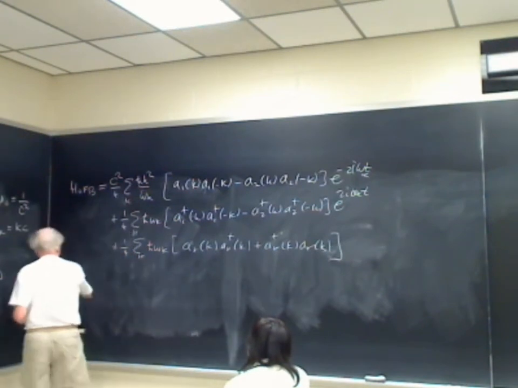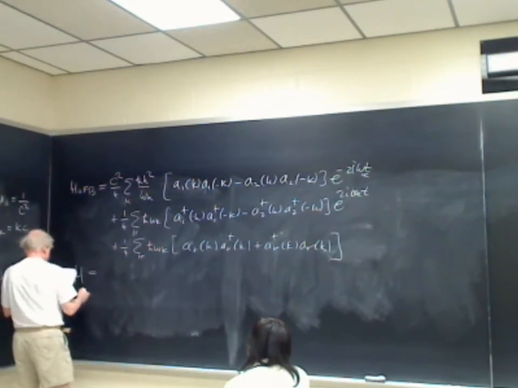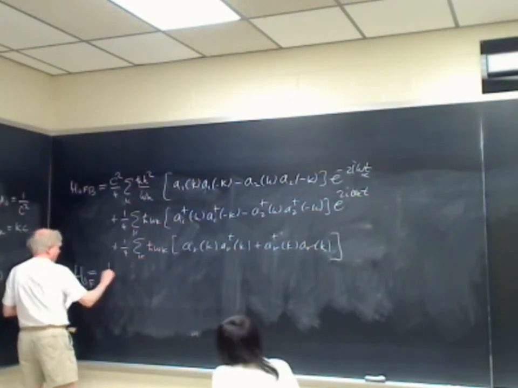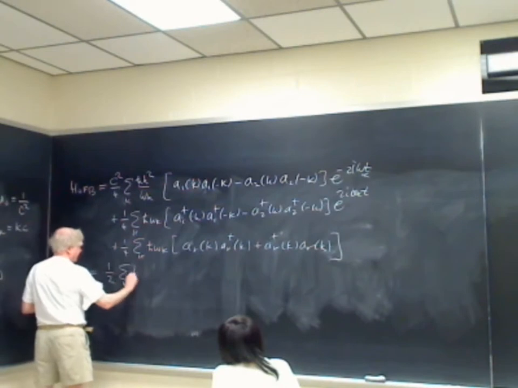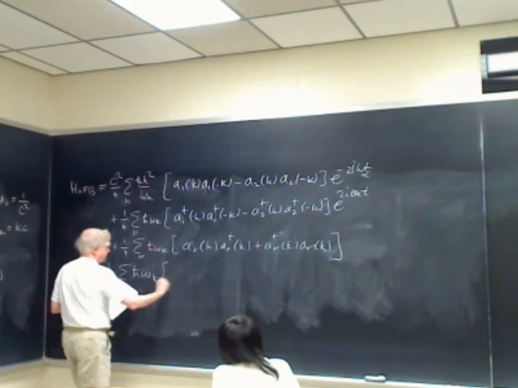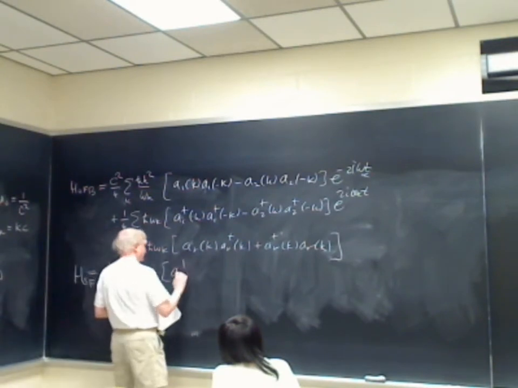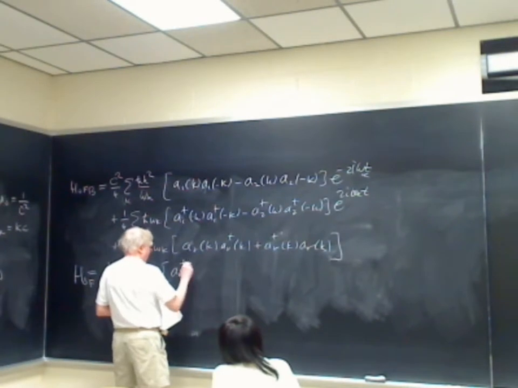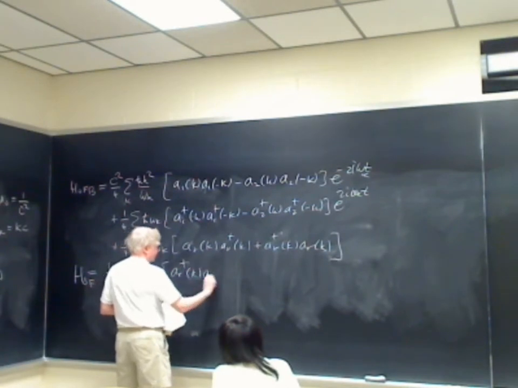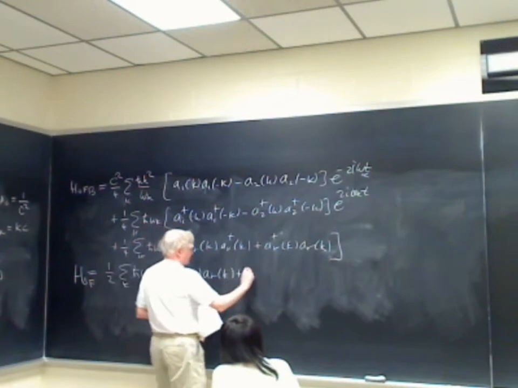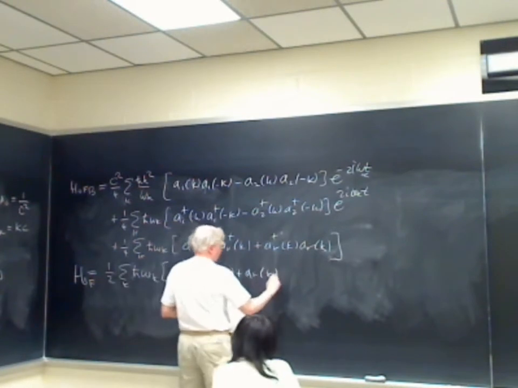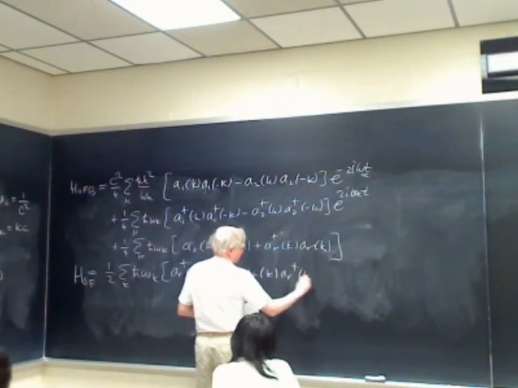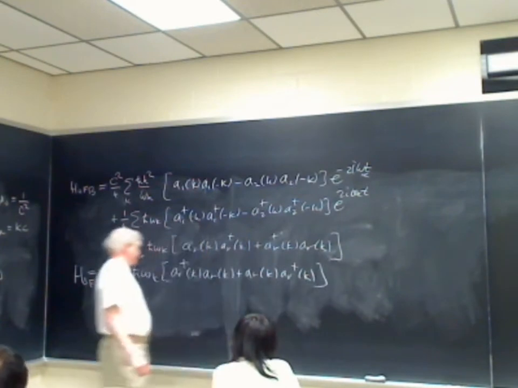And so what we get then is that H, or H0F, is simply a half sum over k, h bar omega k, a sub r, well, let me write them backwards. So we get that very nice expression.